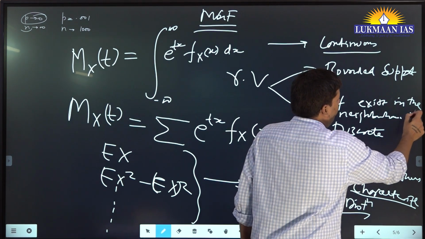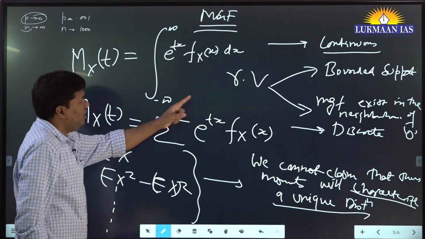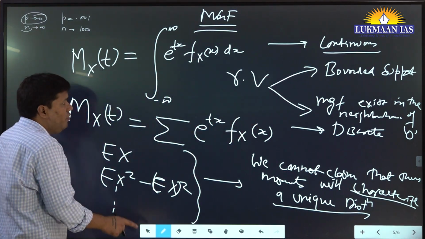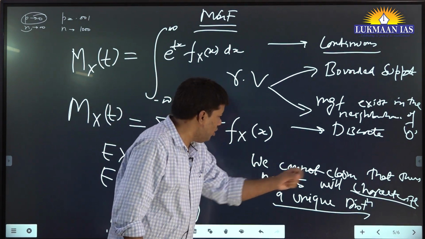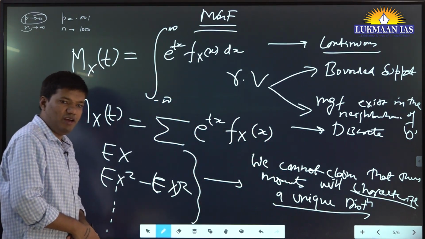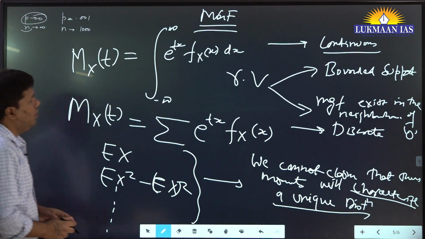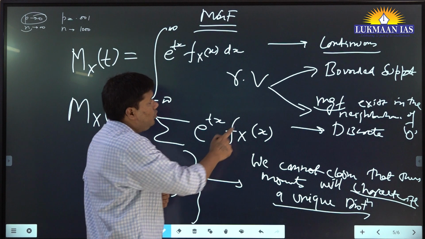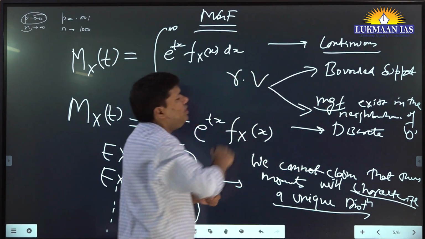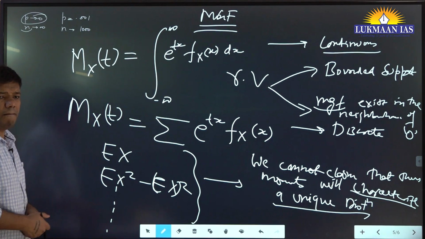If these two conditions hold, then you can say that these moments will give you a unique distribution. One is that the random variable has bounded support, then you characterize the unique distribution. Or the second condition is that the MGF of this random variable exists in the neighborhood of 0.